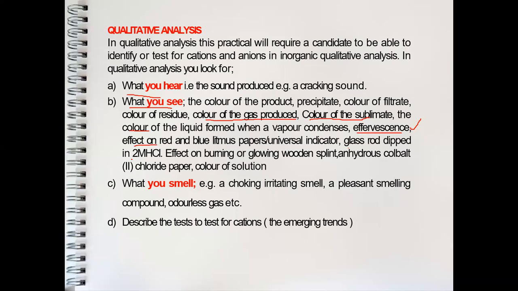If it rekindles, the gas which is produced is oxygen. When it goes off with a pop sound, the gas which is produced is hydrogen. When you are using cobalt-2 chloride, maybe you are testing the liquid, you check the color of the anhydrous cobalt-2 chloride and also the hydrated one.